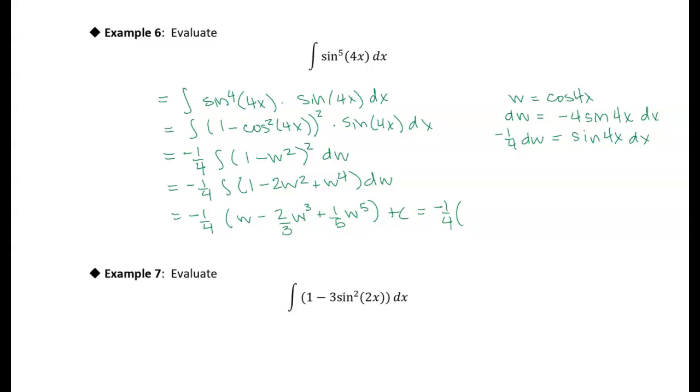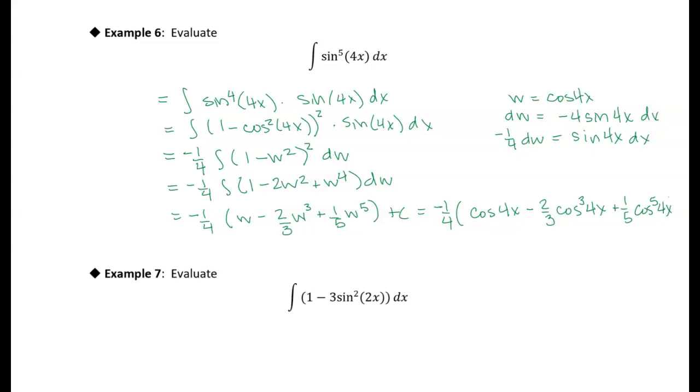Okay, so I'm going to replace that w with cosine of 4x. And so then I'm going to get minus 2/3 cosine cubed, because it's w cubed, of 4x, and then plus 1/5 cosine to the fifth of 4x.